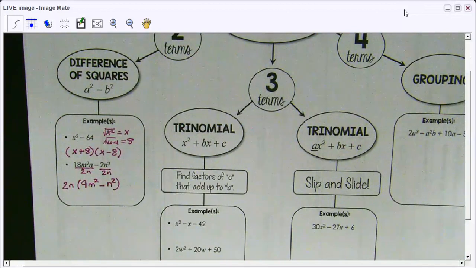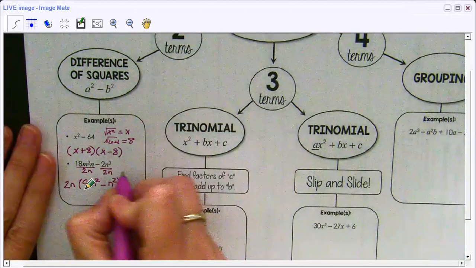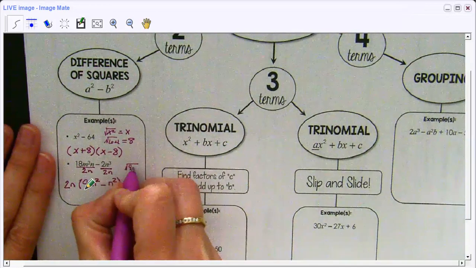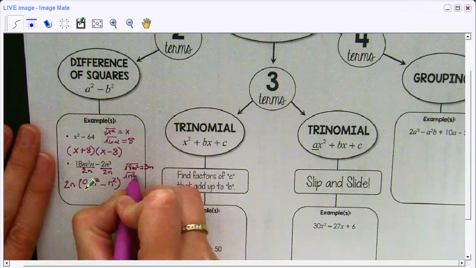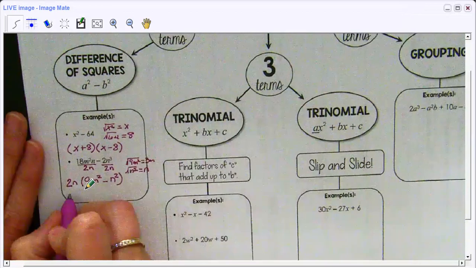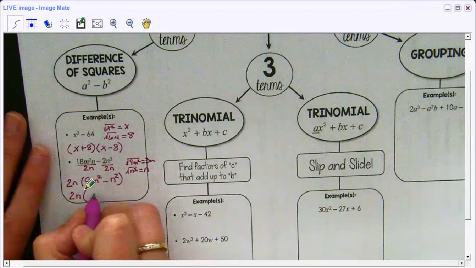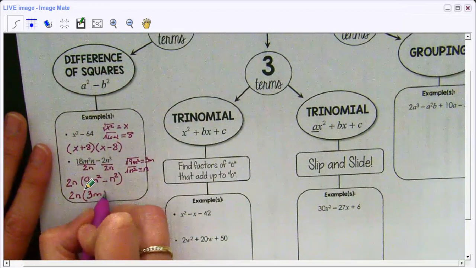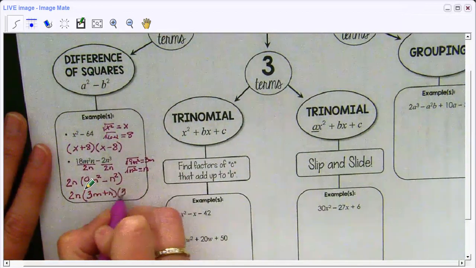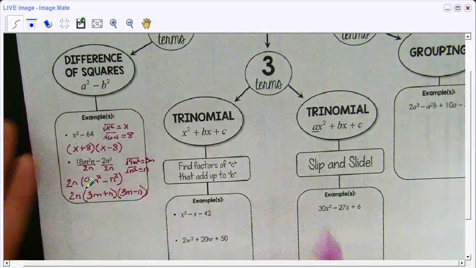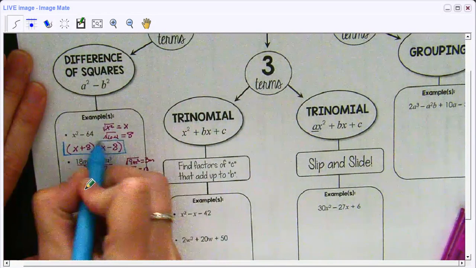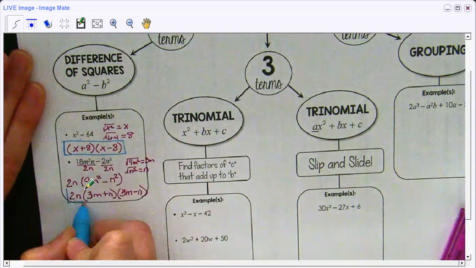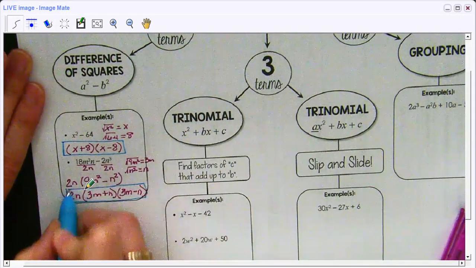The square root of 9m squared is 3m and the square root of n squared is n. So you would write this as 2n, don't forget that, then you have 3m plus n and 3m minus n. So both of these are the difference of two squares, except for the second one, you had to factor out the GCF first.